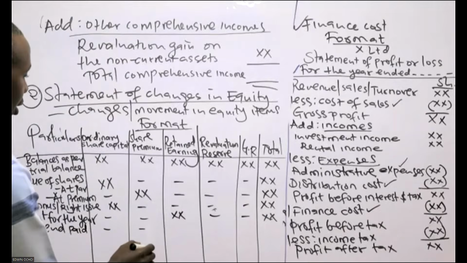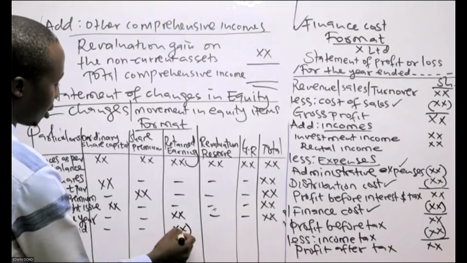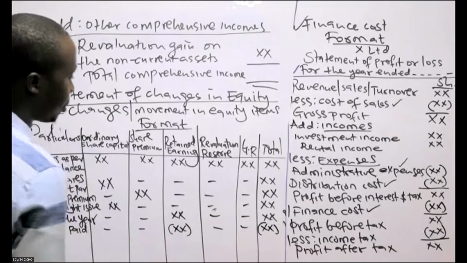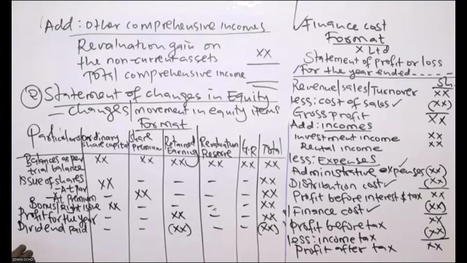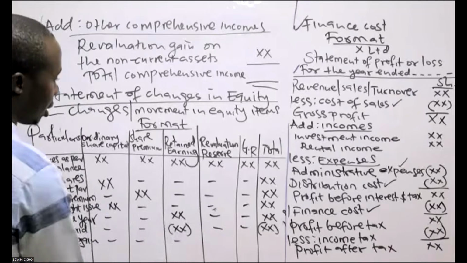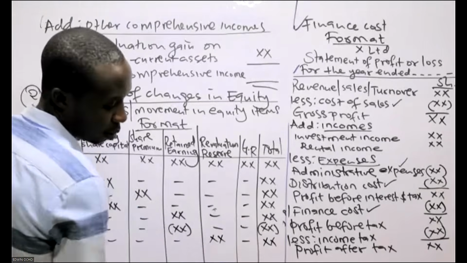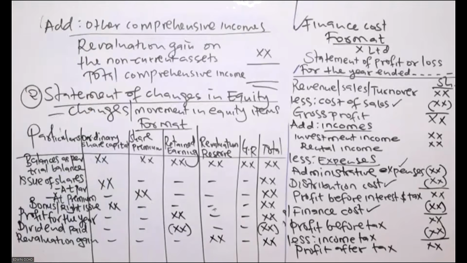Dividends paid are paid out of profit, and we deduct from the total. Then revaluation gain, that is under revaluation. Then finally, we can talk about transfer to general reserve.